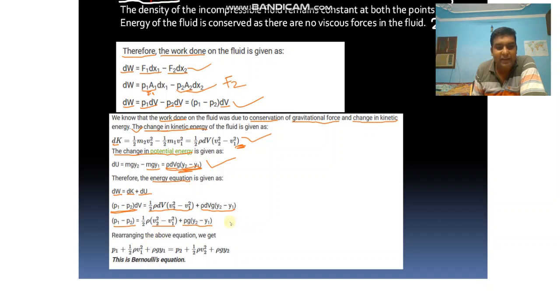Again rearranging the equation, we get P1 plus 1/2 rho V1 squared plus rho g Y1 is equal to P2 plus 1/2 rho V2 squared plus rho g Y2.